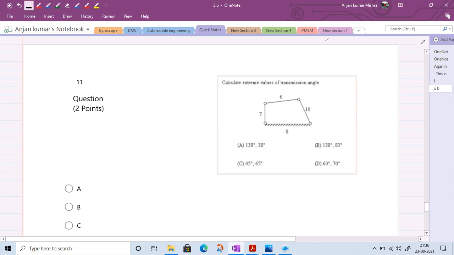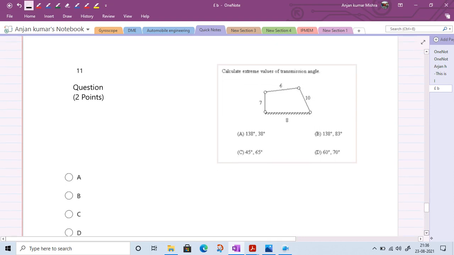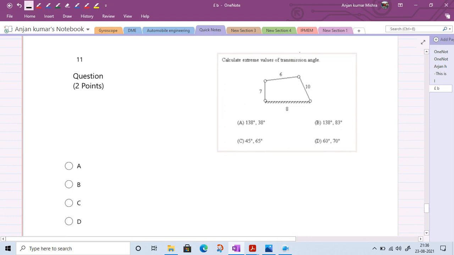Now this question, again calculate the extreme values of the transmission angle. So this is the transmission angle that we are going to calculate. First of all we have to see whether it is satisfying the Grashof law or not, Grashof's criteria.